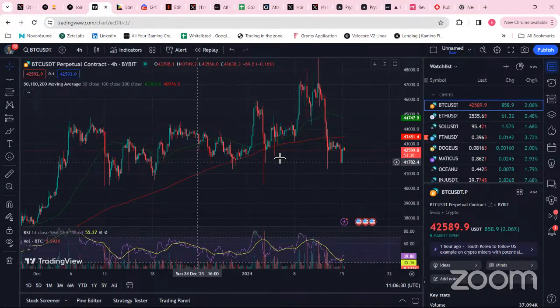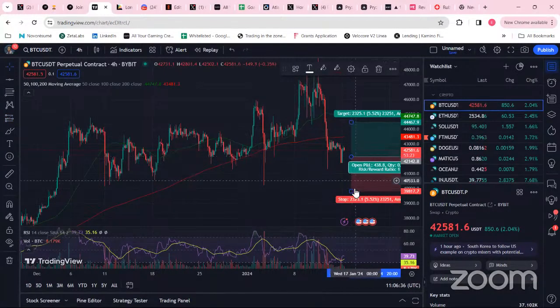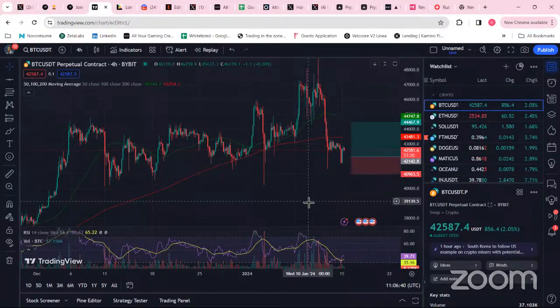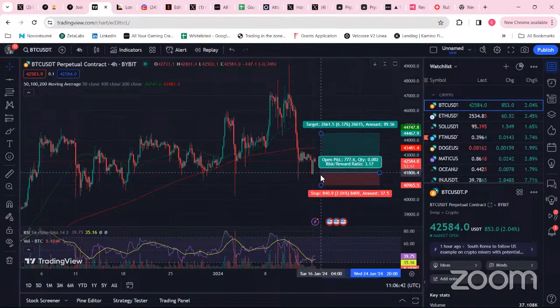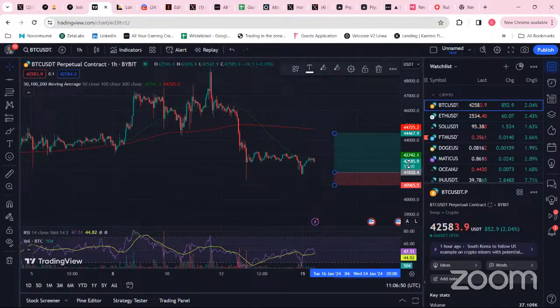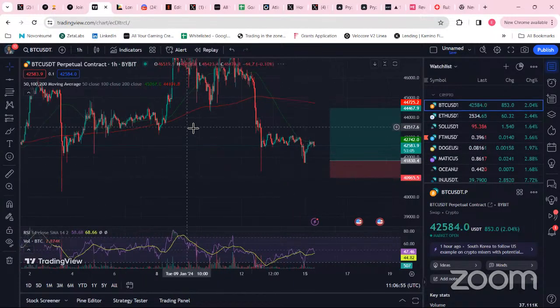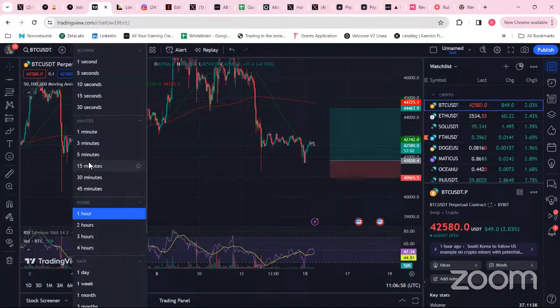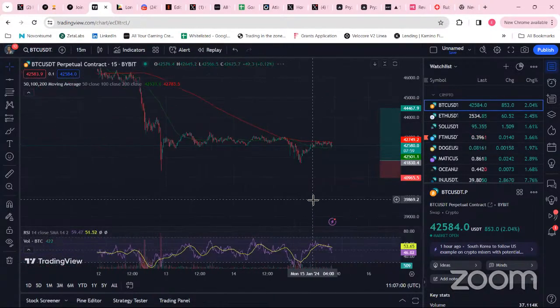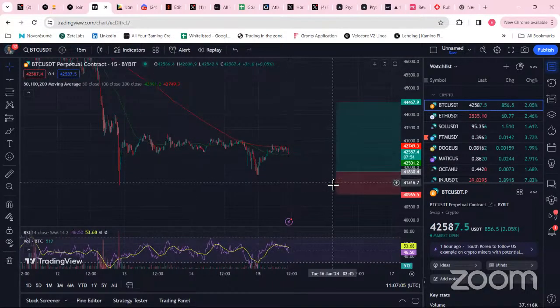When I decide, okay, I'm going to long BTC, to know where to set up my entry, I still have to go to the shorter time frames, like the 1 hour, because the 1 hour will tell me what's happening in a shorter moment, and even the 15 minute time frame gives me an idea of what's happening in the immediate reality.